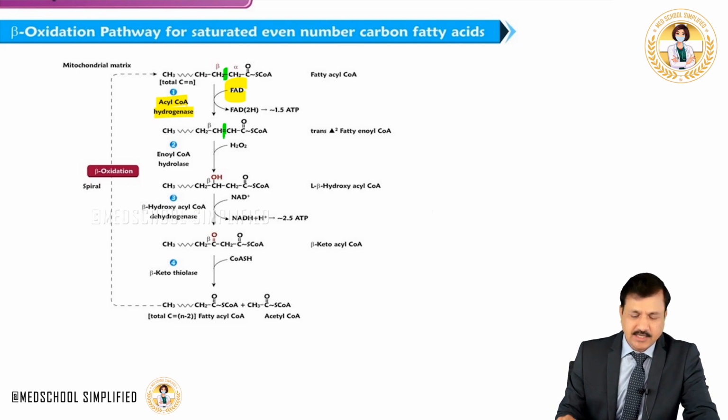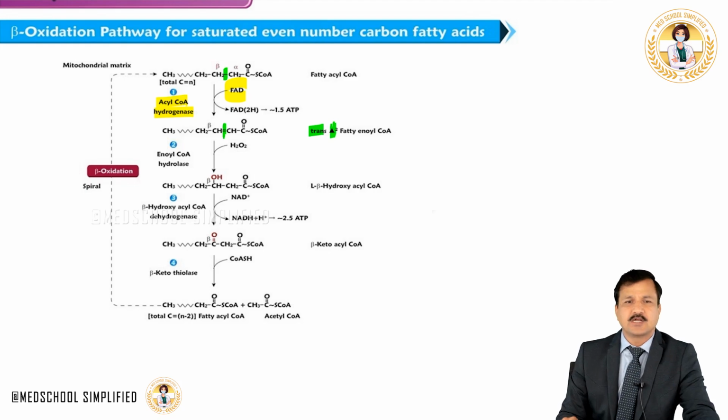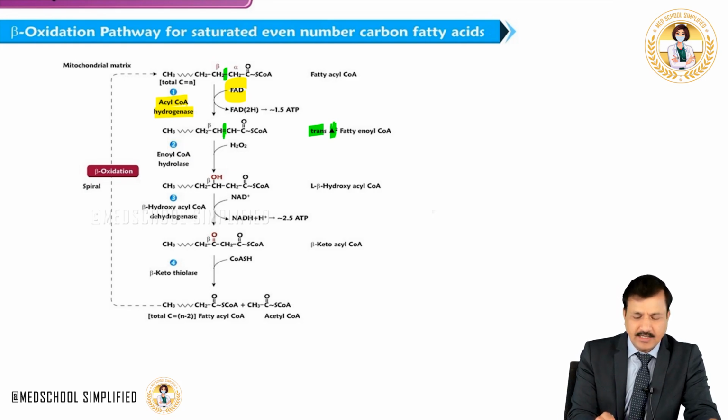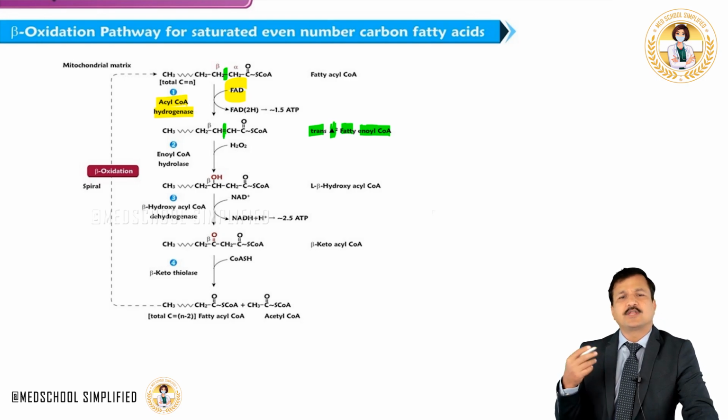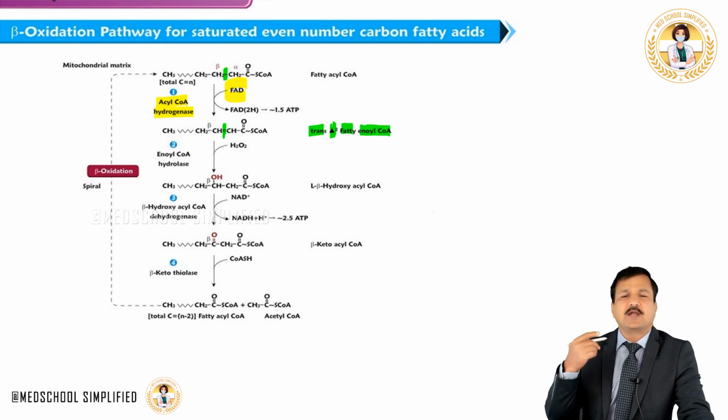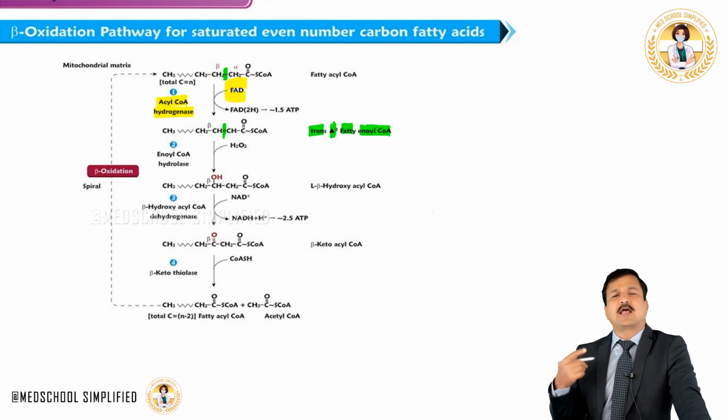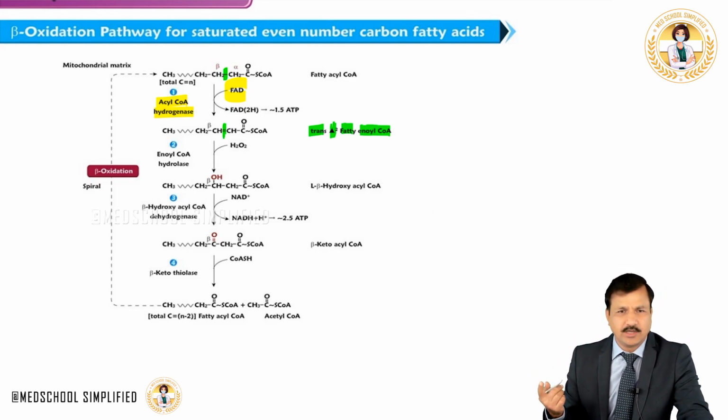The fatty acid you get is trans, because the bond is in the trans configuration. The double bond is at the second carbon, the alpha carbon, so that is trans delta 2 fatty enoyl-CoA. Enoyl means having a double bond. So that is the fatty acid coming out of the first reaction: fatty acyl-CoA is converted into trans delta 2 fatty enoyl-CoA.